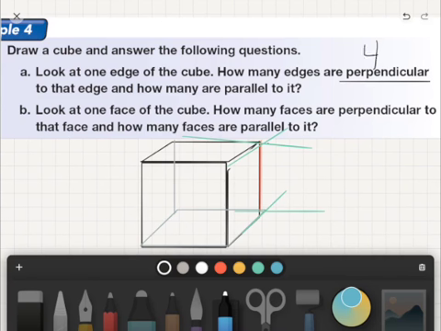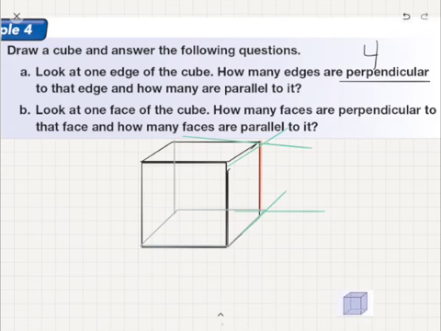Then how many parallel to it? So, well, let's see. It looks like there would just be... Do I have a bright green? Can't believe I don't have a bright green. Okay, I'll just use red. So parallel to that, I guess, would be that one.